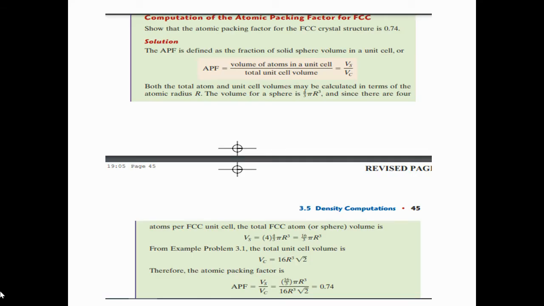In this slide, it is proved that the atomic packing factor for the FCC crystal structure is 0.74. First of all, go through this. If there is any problem, you can ask me later.